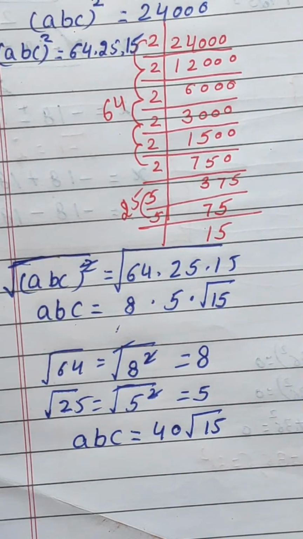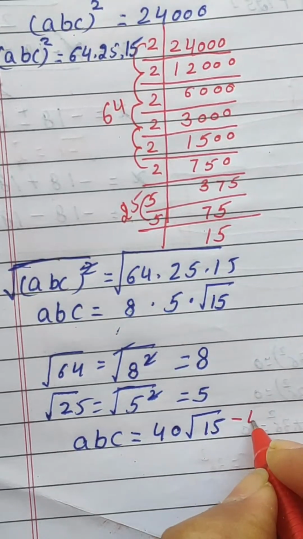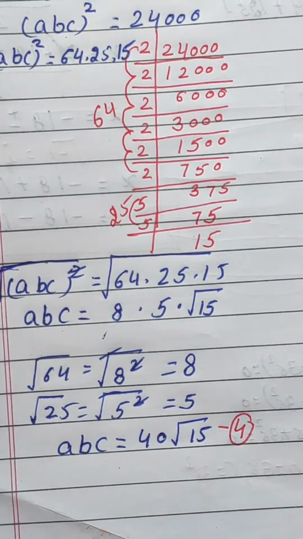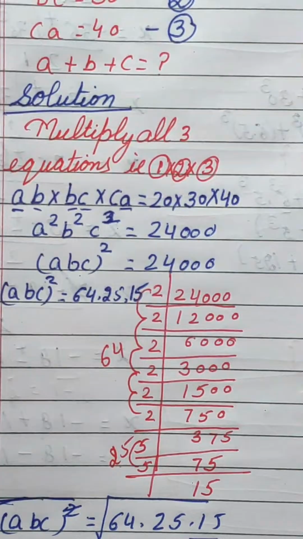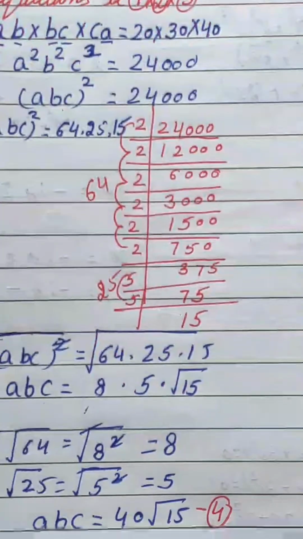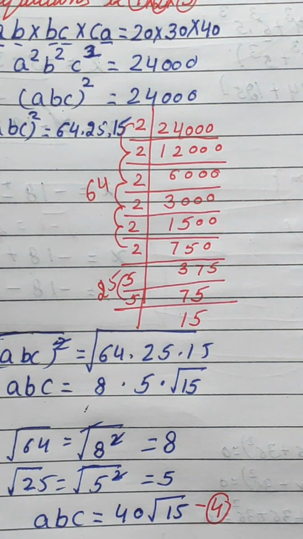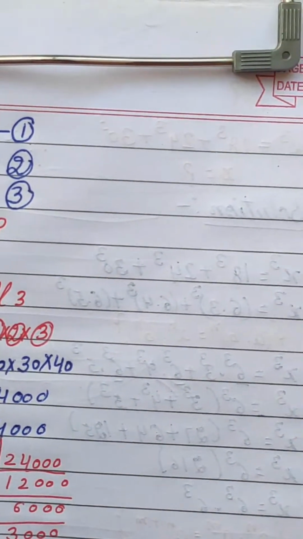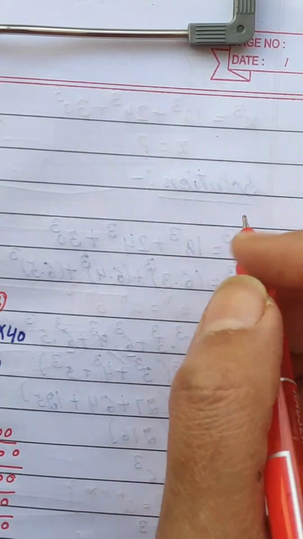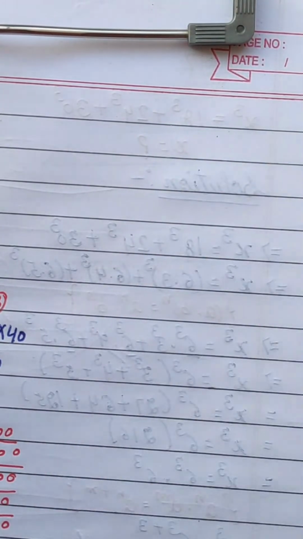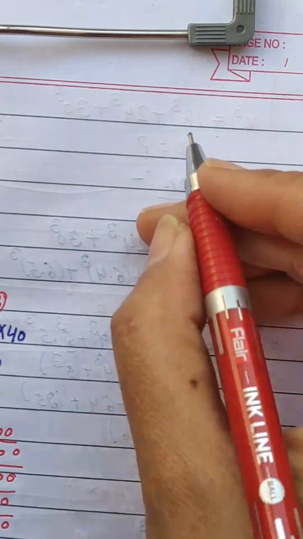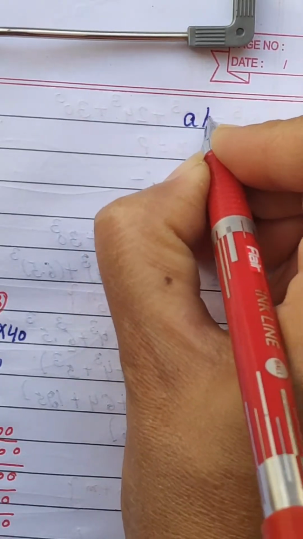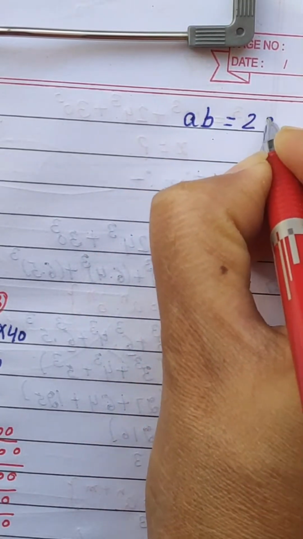So for us, this is statement number 4. So now we have the fourth statement. The first three we have here, and the fourth one we have here. Right? So I write all the statements here first. AB is equal to 20.